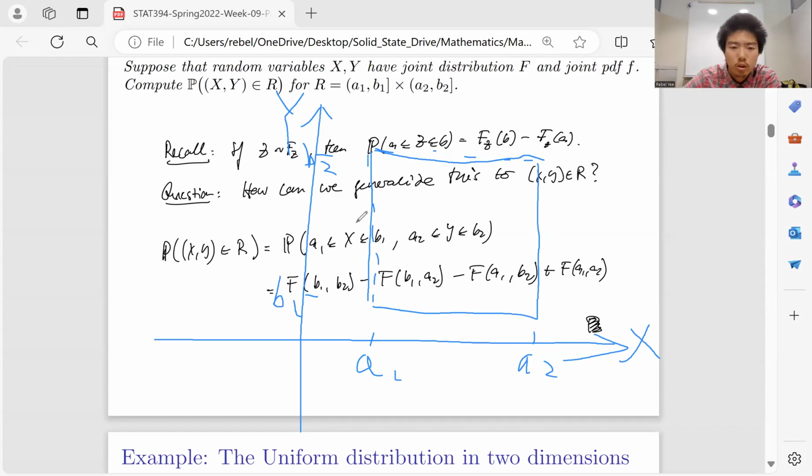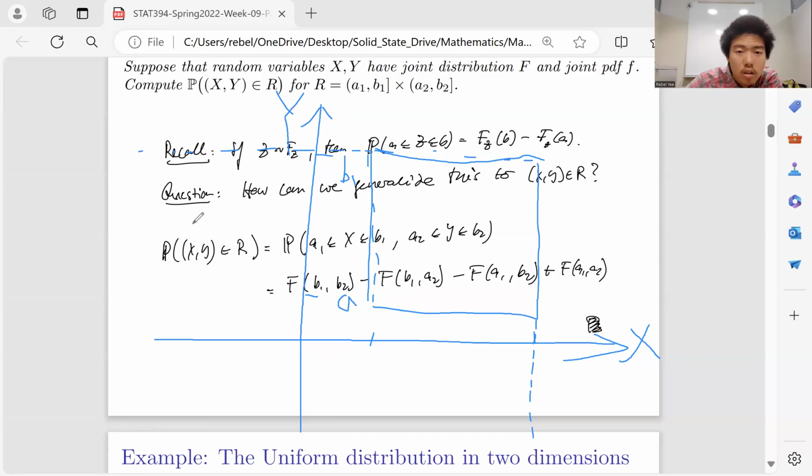So first we take the probability of this. Wait, so this is B1, B2. Maybe this notation is a little bit weird. It's not A1, A2, but here it is A1, B1.